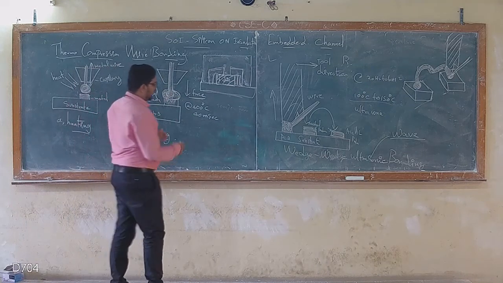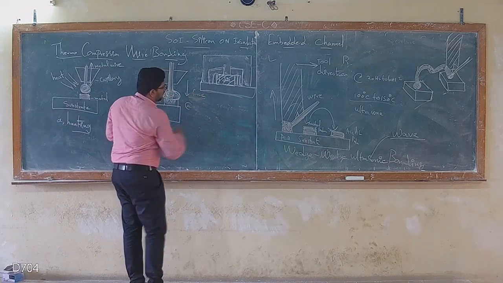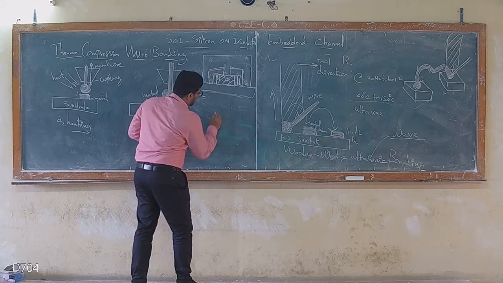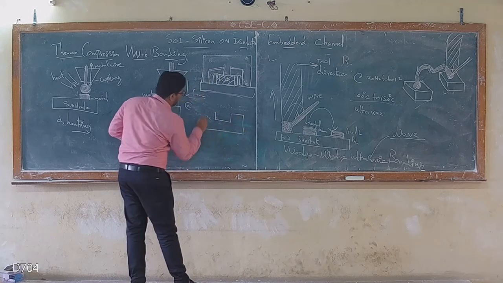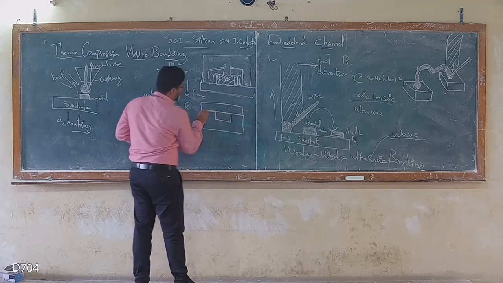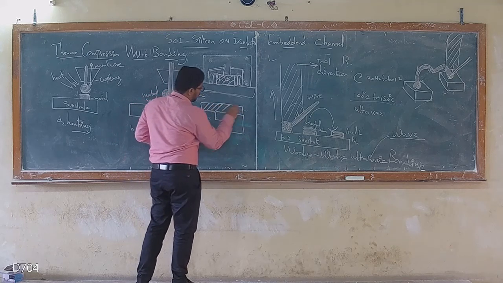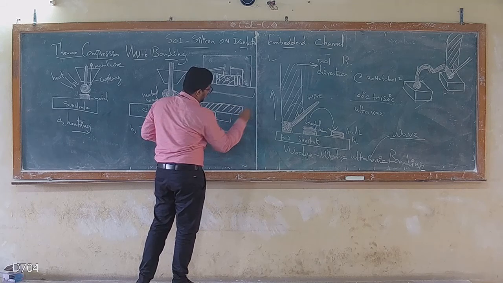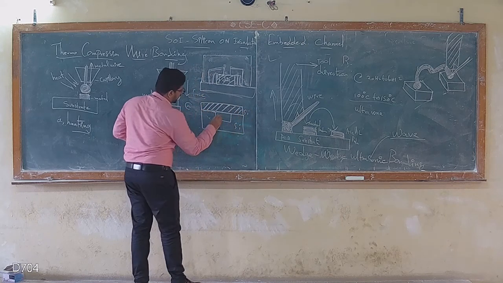What is sealing? Sealing is a little different. There is a channel that can be tightly bonded with some silicon dioxide. This is silicon dioxide and silicon. So this is my channel.